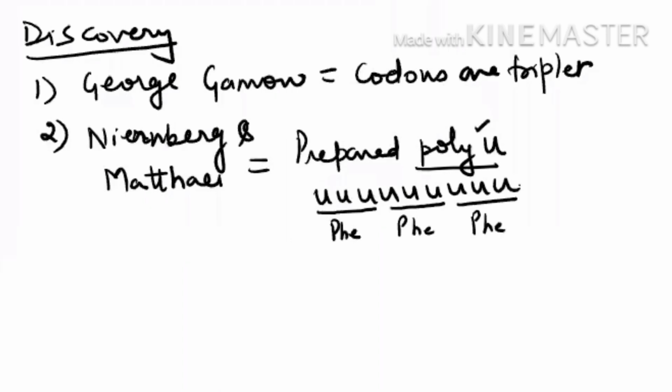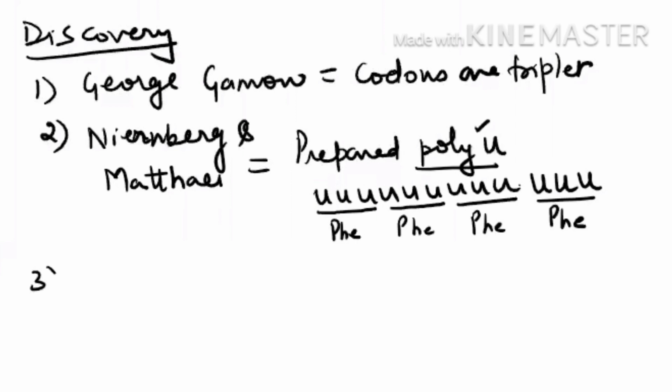When they added the 10th one, no change. When they added the 11th one, no change. When they added the 12th, immediately phenylalanine came again. This is how they were deciphering. They prepared poly chains, either poly-U, poly-A or poly-C.